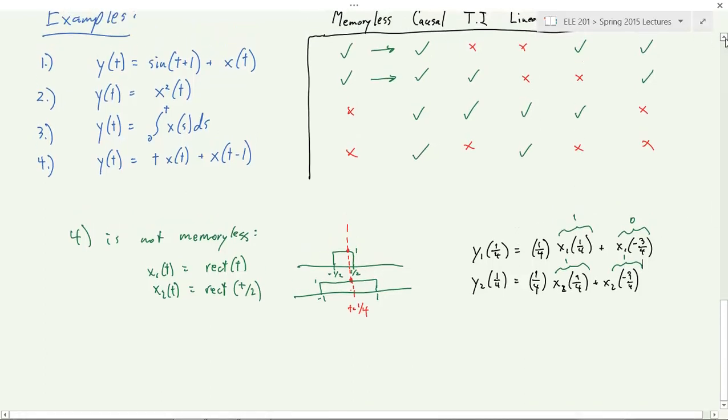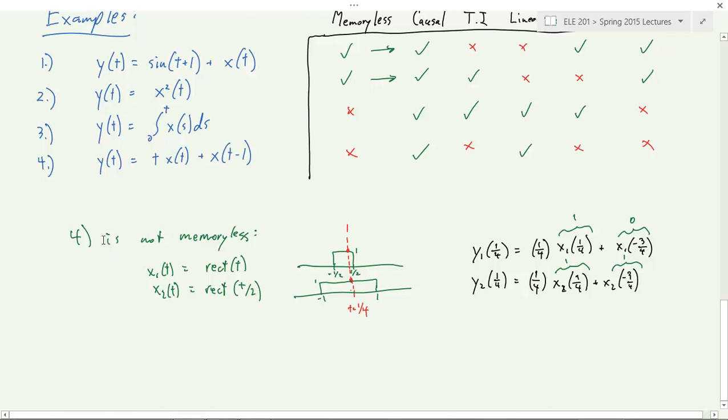Maybe go to causal. You want me to argue why things are causal? You know what? We could work out an example just like this, but it's going to be very pedantic because I can just argue in words and convince you, I think. Remember, the memoryless ones have to be causal. The two that are not memoryless, why are they causal?